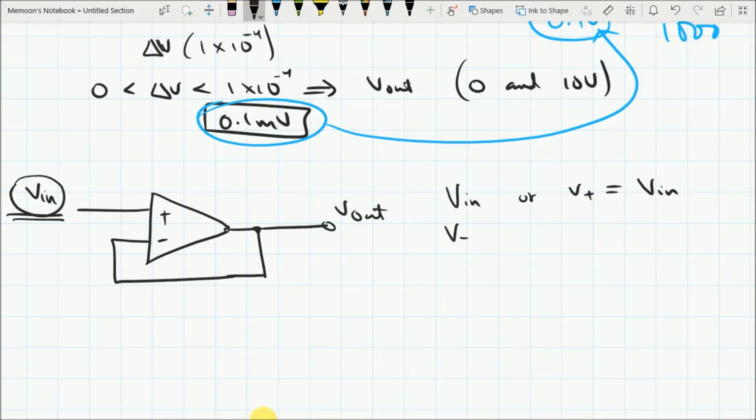So when there is a feedback, V plus will always be equal to V negative. Both the inputs should be equal. So V negative should be equal to V in. And as V out is short circuited with the negative input, that would be equal to V out. So this means that V out is equal to V in.